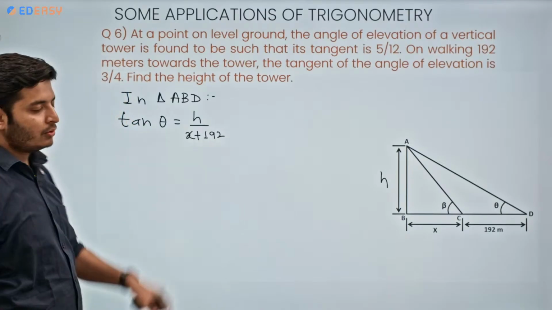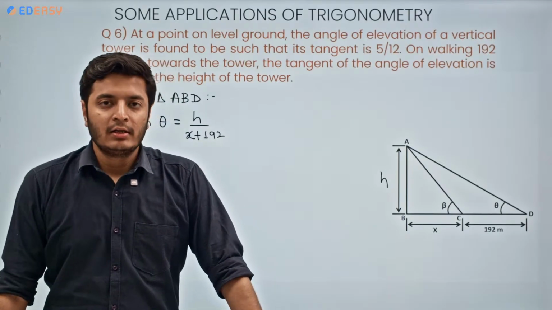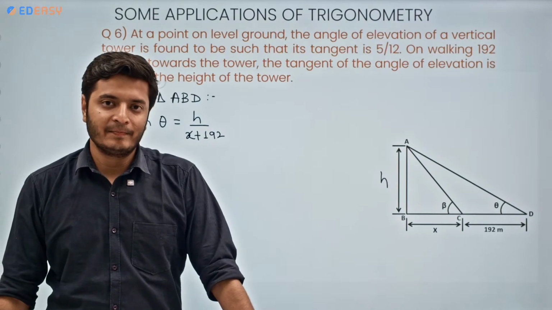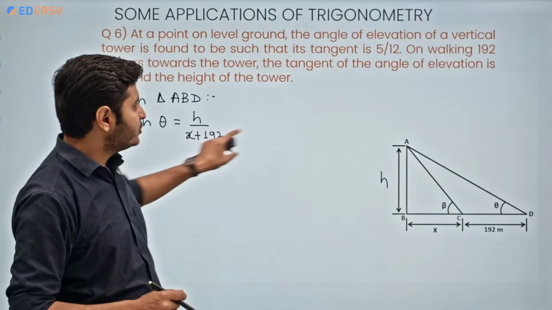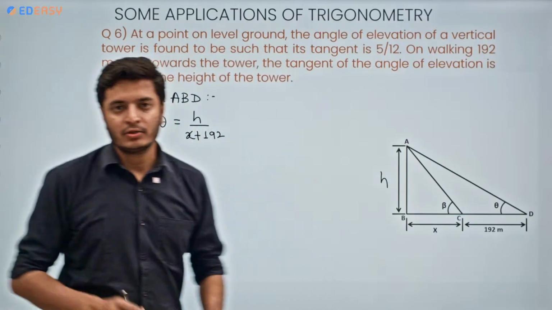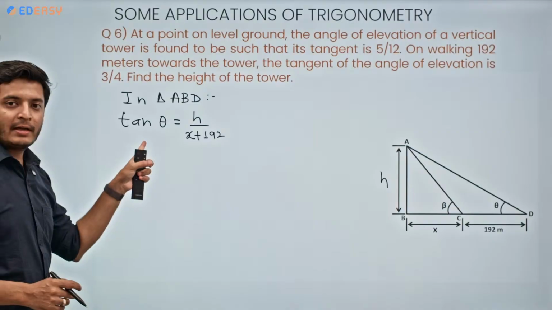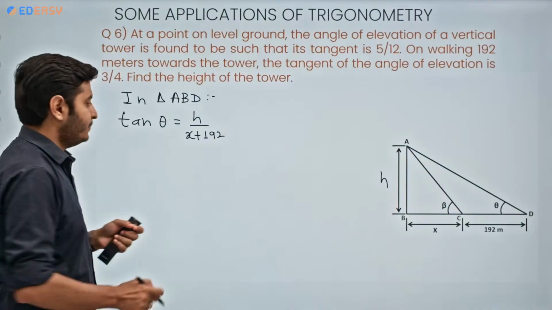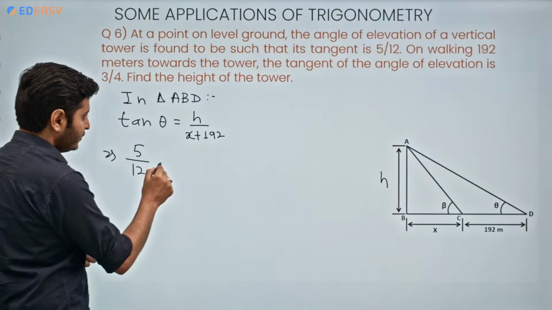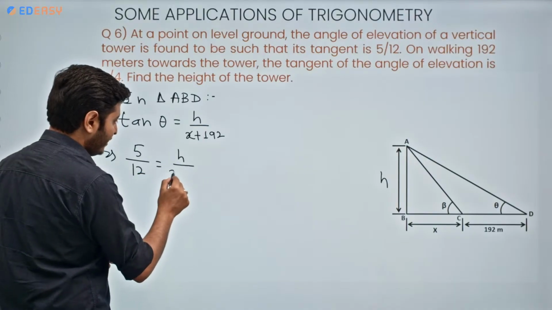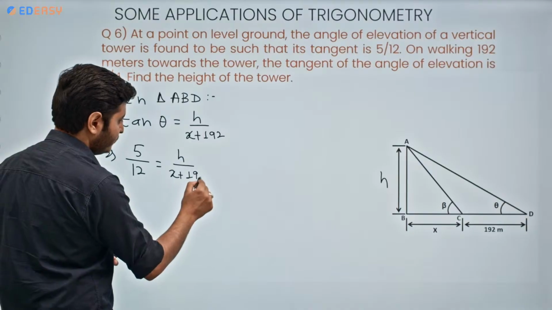Now, we don't know theta. How to find the value from the table then? No need to use the table in this type of problem because the tan theta value is already given, that is 5 by 12. So you can directly put the value 5 by 12 in place of tan theta. So the equation will become 5 by 12 is equal to h by x plus 192.